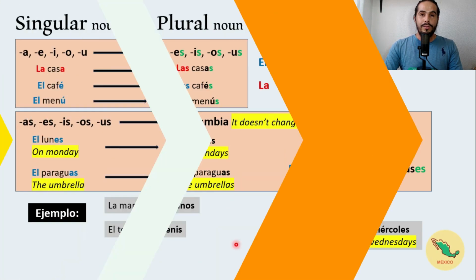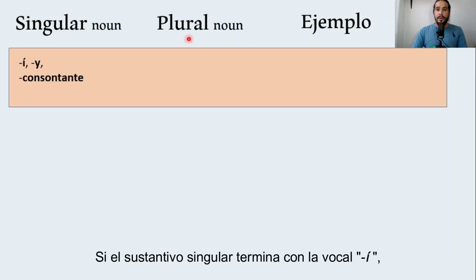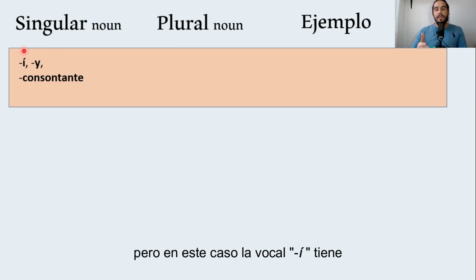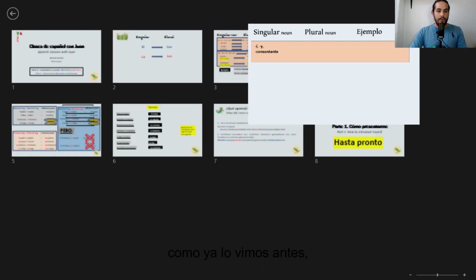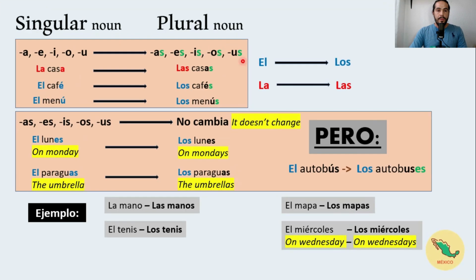So let's continue. If the singular noun ends with the vowel E, but in this case the vowel E has the accent of the word, as we saw before, here the vowel E does not have the accent of the word.